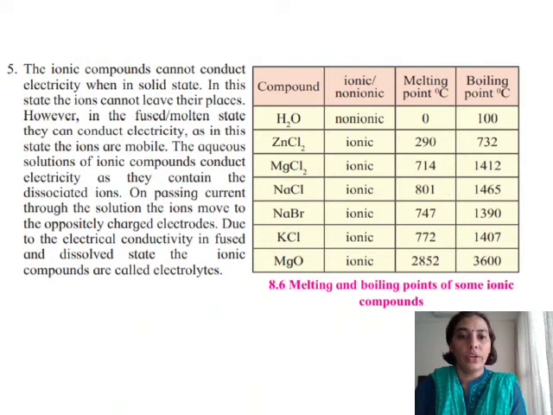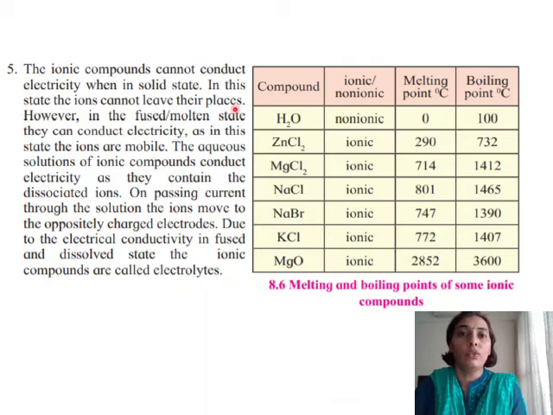Coming to the last point of the characteristic properties of ionic compounds: the ionic compounds cannot conduct electricity in solid state. In this state, the ions cannot leave their places. This is a very important point.